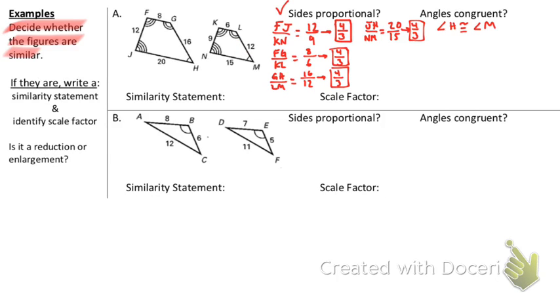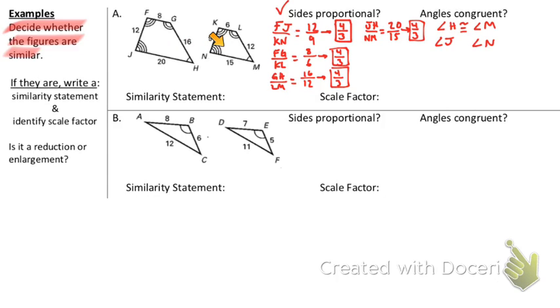All right, so now let's go to our next angle. I'm going to go ahead and do angle J and match it with angle N, and then check if it's congruent. If you look, angle J has 1, 2, 3, 4 arcs.